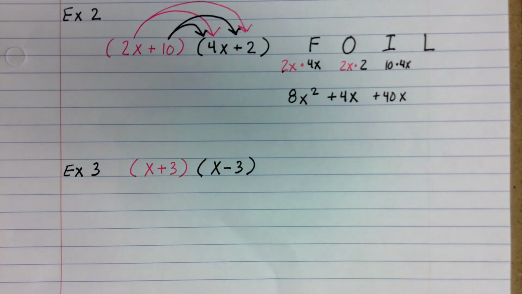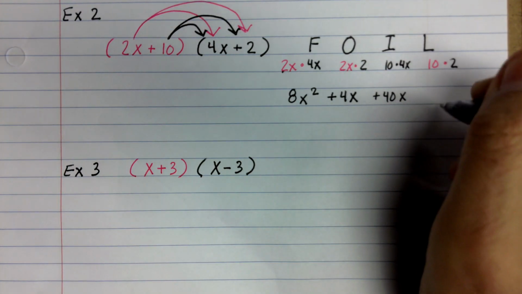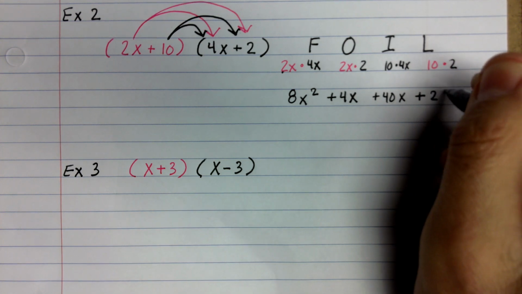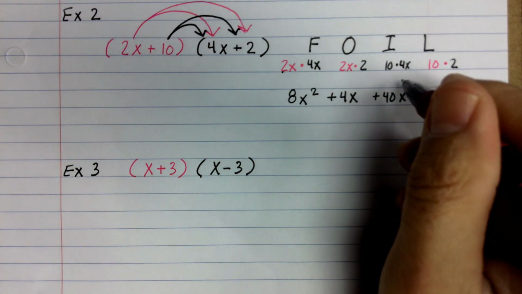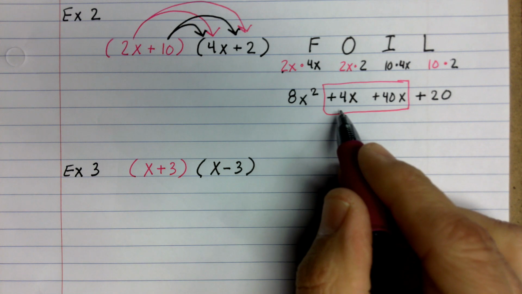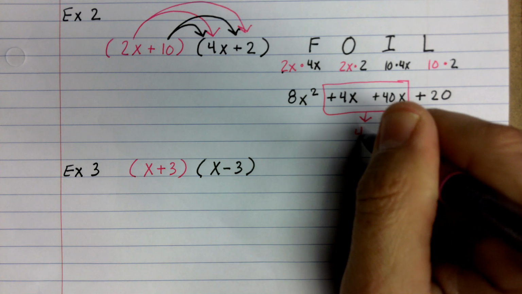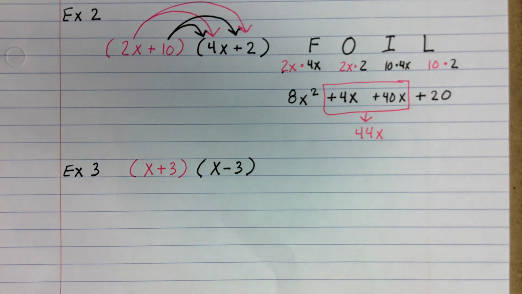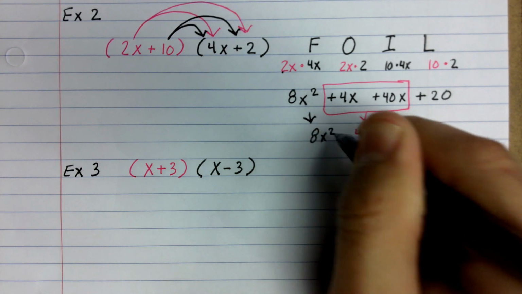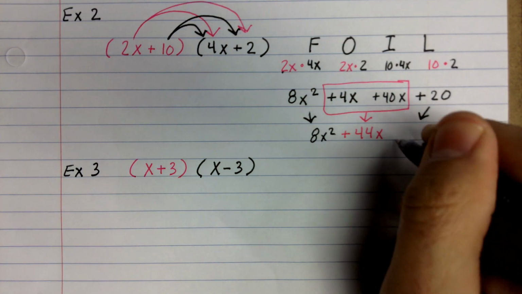So 10 times positive 2, and 10 times 2 leaves me with positive 20. Last of all, I'll take these two middle terms and combine them. So positive 4x plus 40x leaves me with 44x. Then I'll bring down my first term, and bring down my last term.